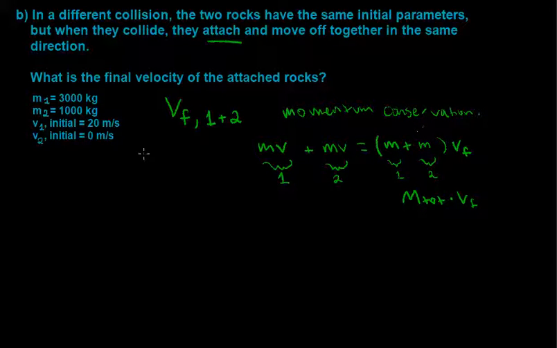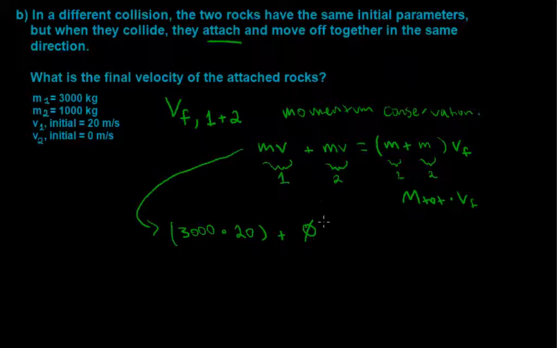So we're just going to again bring this down and put in all of our values that we know. So our mass of rock 1, 3,000, times the initial velocity of rock 1, 20 meters per second, plus, and then this momentum is going to be 0 again because our initial velocity of rock 2 is 0 meters per second.